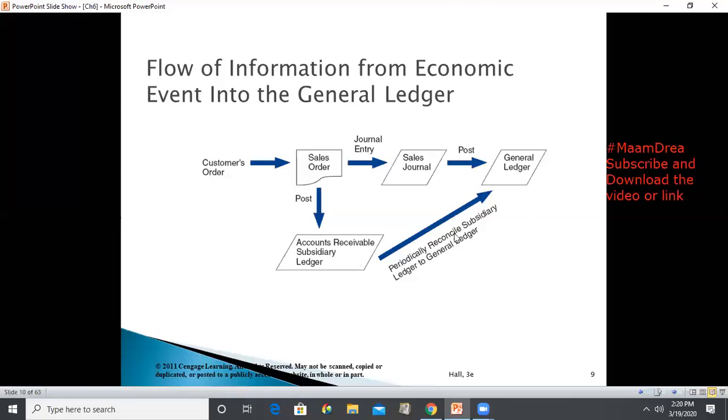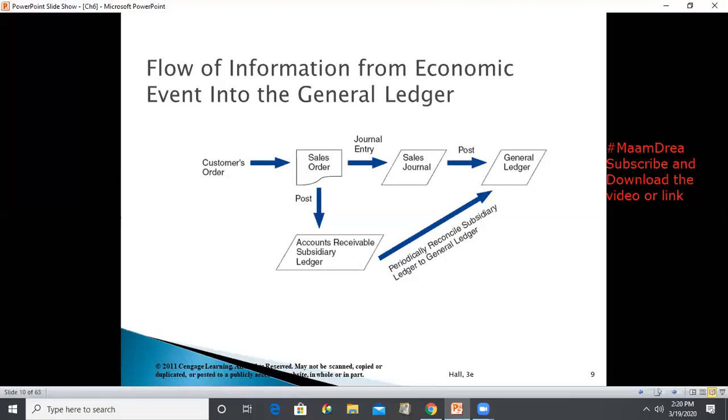So most of the time, if we want to examine, for example, the accounts receivable balance in the balance sheet, we go over to examine the ledger, the AR control account in our general ledger.